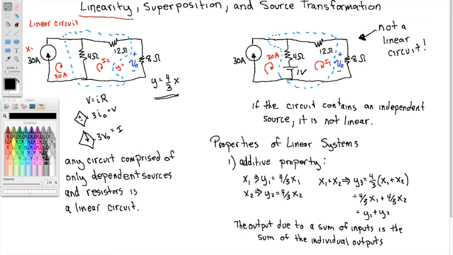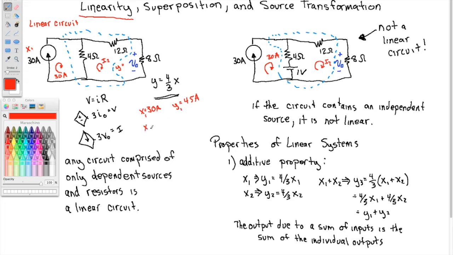Okay, so for example, this first circuit, I think we plugged in 30 amps for x. So when x was 30, we got y to be 45. So in this mathematical formulation, x1 was 30 amps and y1 was 45.